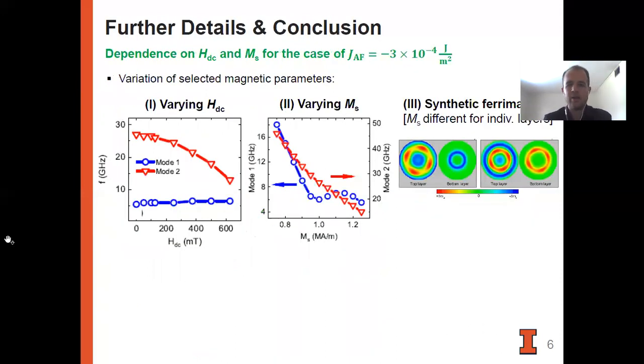And now some further interesting aspects of our simulations is that the first two modes have always a very characteristic dependence on the DC magnetic field, for example. So you can see that the dependence of mode 1 and mode 2 is quite different. Also, the dependence on the saturation magnetization in the two ferromagnetic layers, you can see that it's quite different for the two resonance modes.